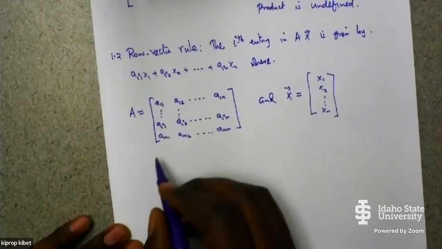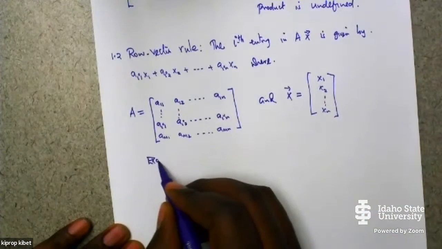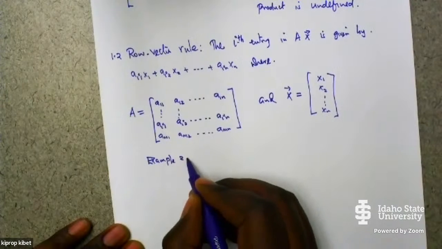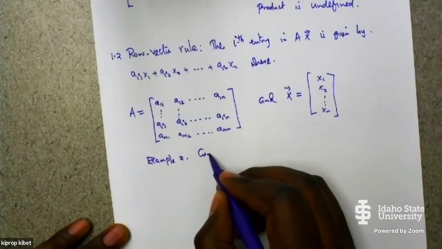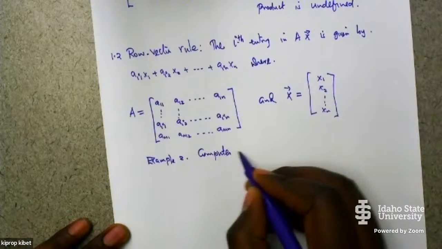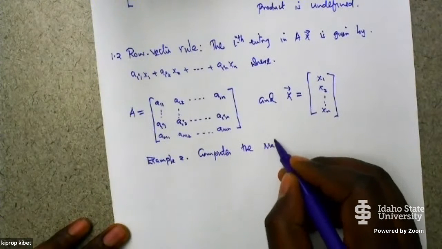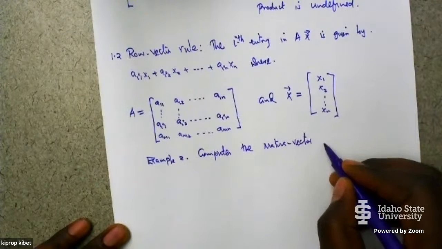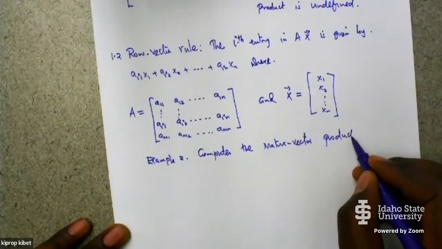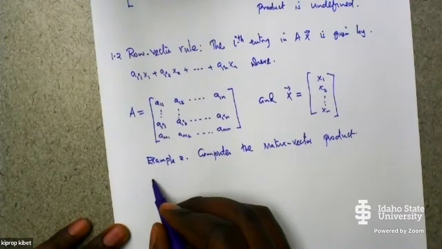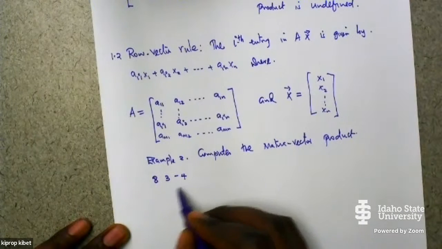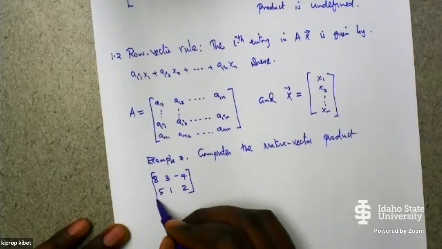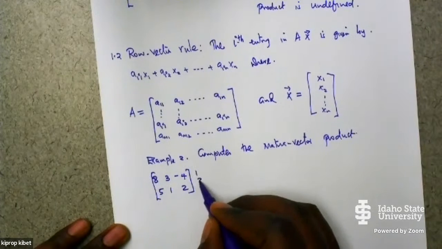So for example, let's look at example number 2 here. Compute the matrix vector product of 8, 3, -4, 5, 1, and 2, multiplied by 1, 2, and 3.